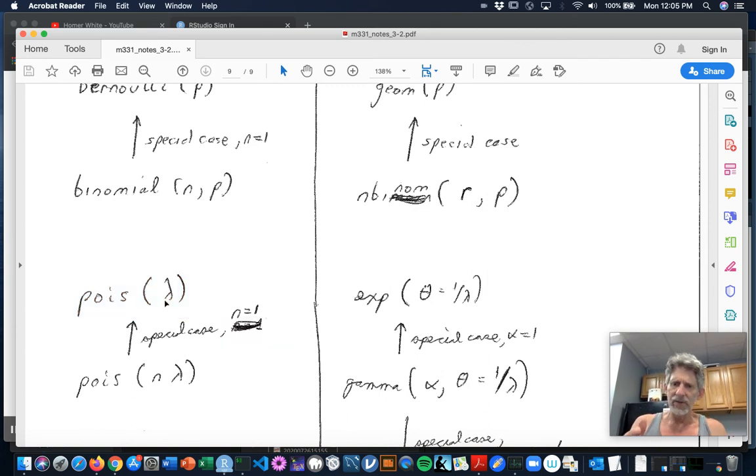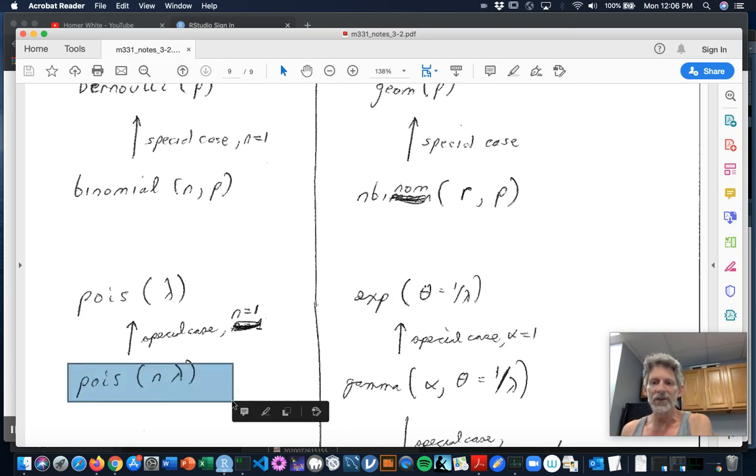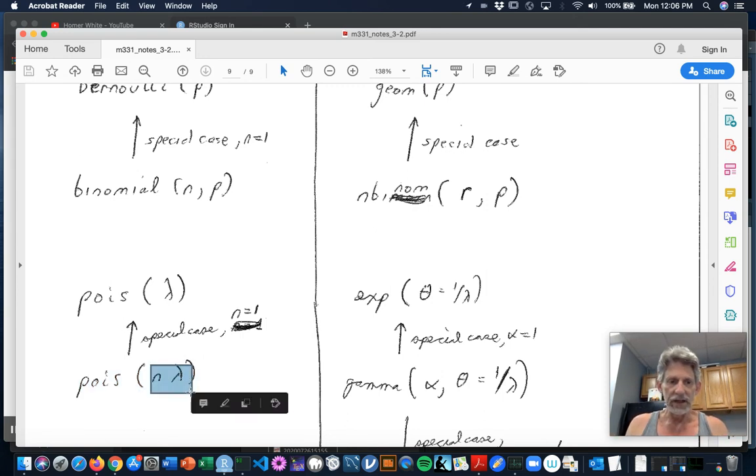Now, there's not like a separate kind of random variable this is a special case of, but I could just say that this is a special case of waiting in units of time and counting up the number of events. That's also a Poisson, the rate is lambda. Okay, so just to have special cases like we had before, I am throwing that in.